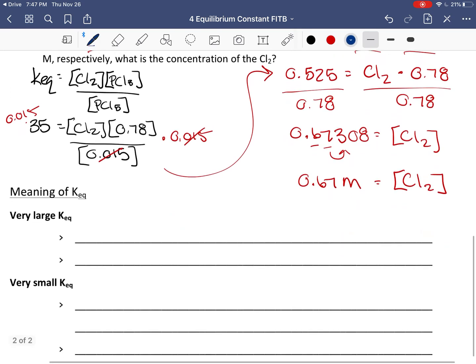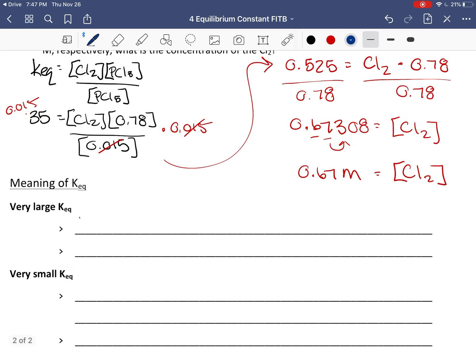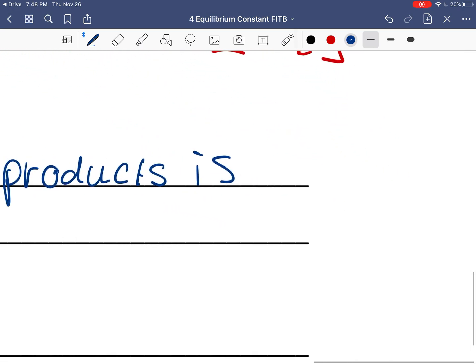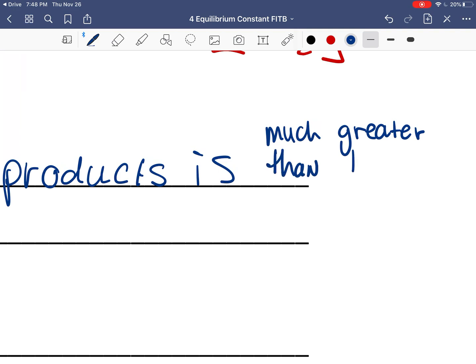So lastly, for a very large KEQ, the concentration of the products is much greater than the reactants.